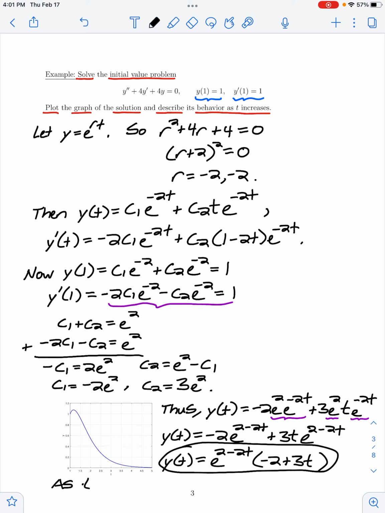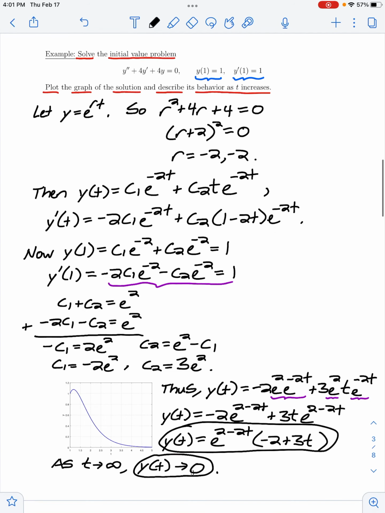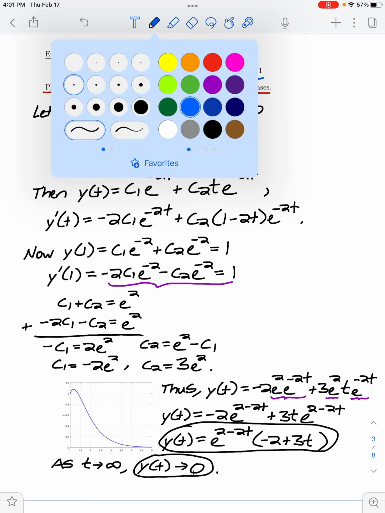Now, as t approaches infinity, our solution y of t, as we would expect, approaches 0 because we have exponential decay occurring out in front of this linear term. E to the 2 minus 2t power approaches 0 the larger that t becomes. And we can verify this by plotting our solution.